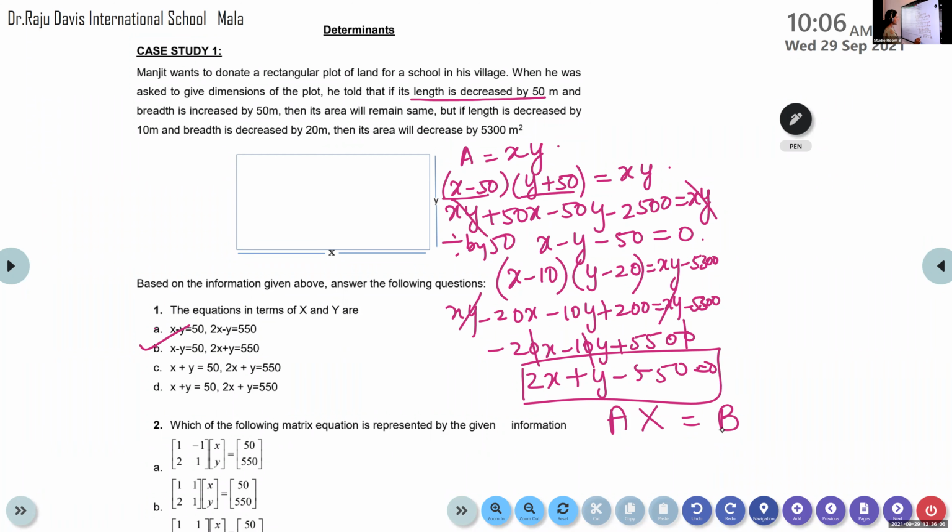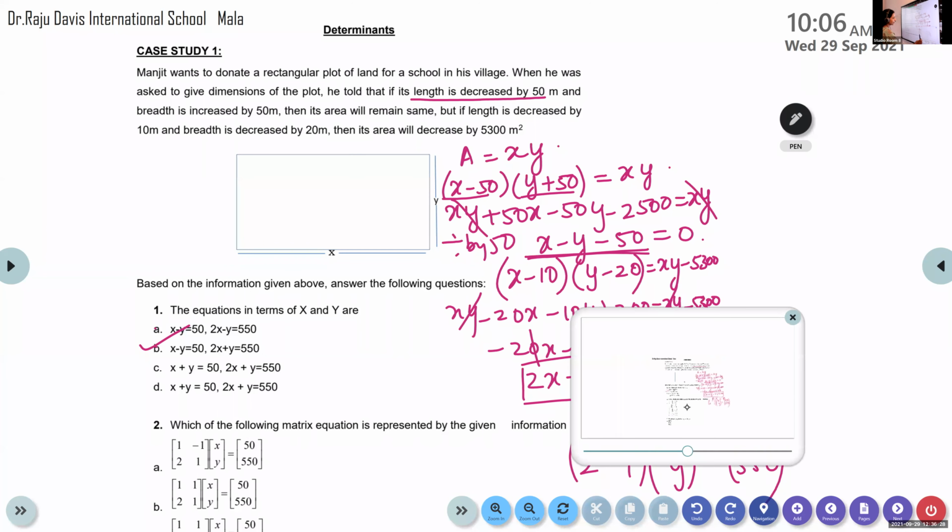So what is A matrix here? The first equation, 1 minus 1, 2, 1 into unknowns, X and Y, is equal to 50, 550. So what is the answer? Ax equal to B. What will be the answer? Karthik.